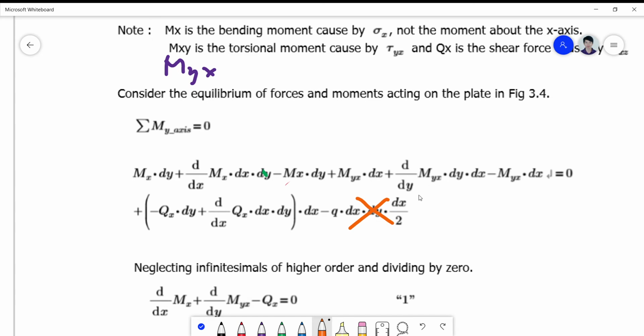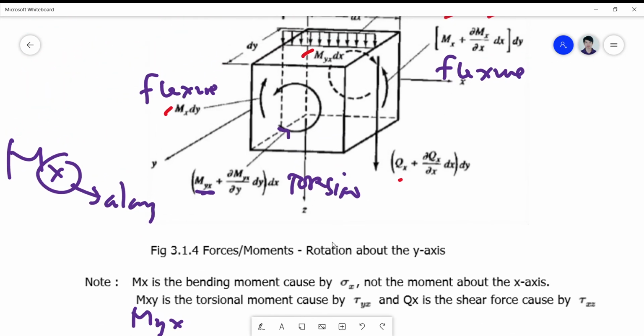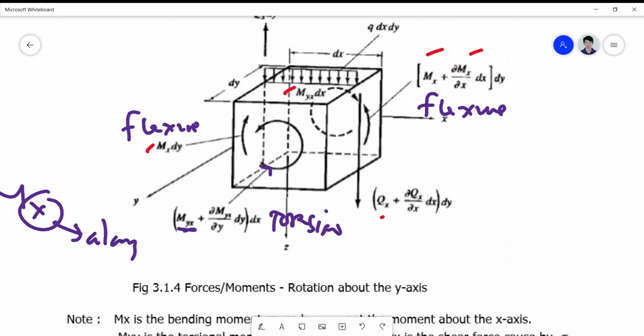And the others actually are a part of this moment, which are considered here acting along and about the y-axis.